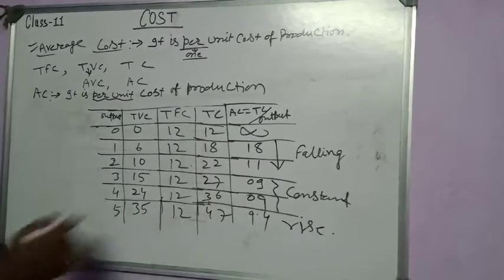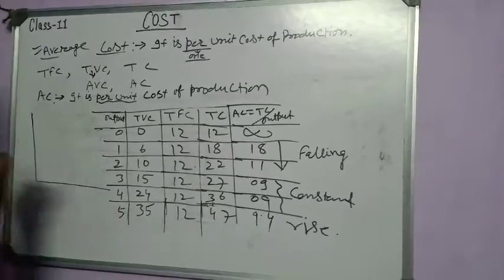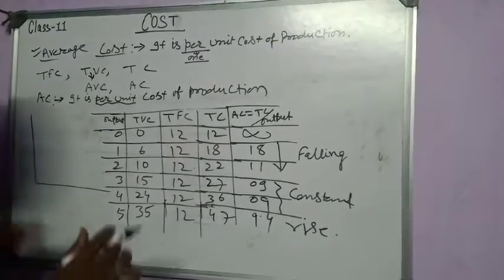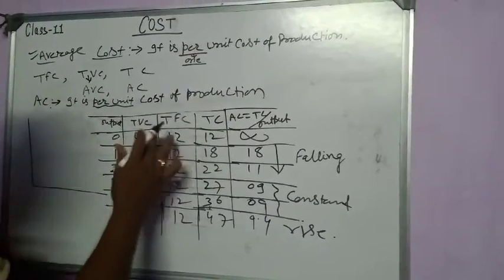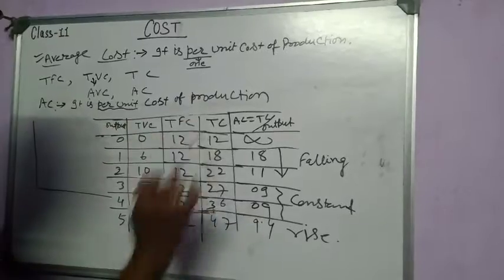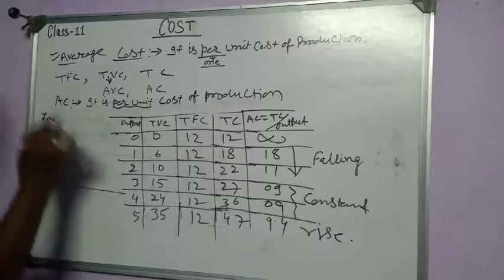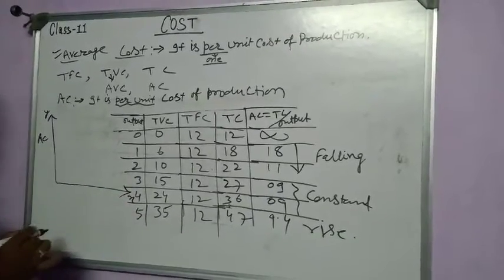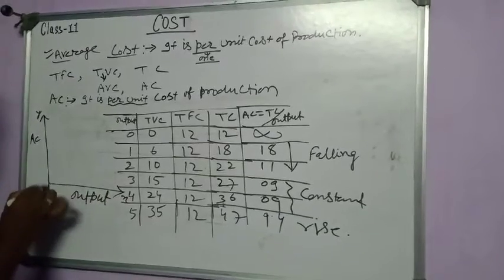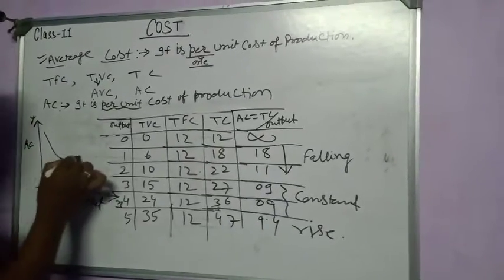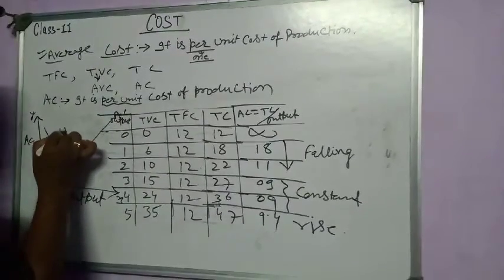Okay? So, the shape of the AC will be just like the shape of AVC, because previously I told you TC totally depends on TVC, total variable cost. So here AC will be on the Y axis, and on the X axis will be output, and the shape of the AC will again be U-shaped.